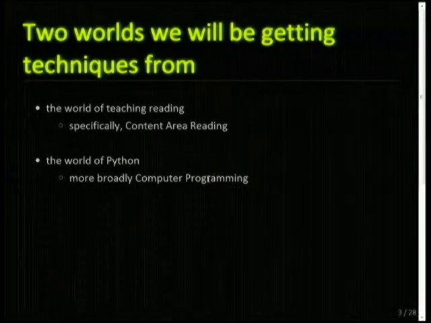Okay, there'd be 2 worlds that we'll be getting our techniques from. There's a world that I mentioned that this book covered, which was teaching content area reading. Now, if you're not familiar with that term, what they mean by that is, there's a way to read just general literature. There's a way to read in history subjects. There's a way to read into physics and science and biology.